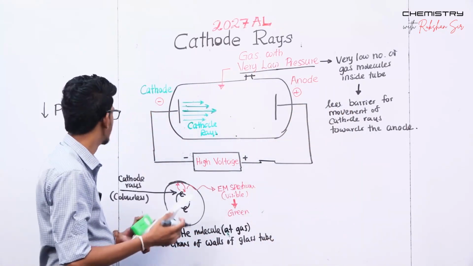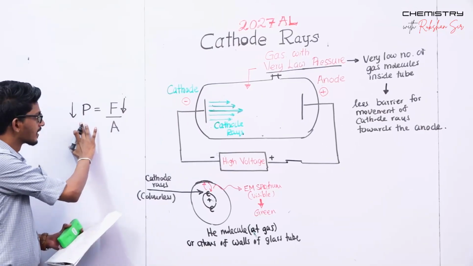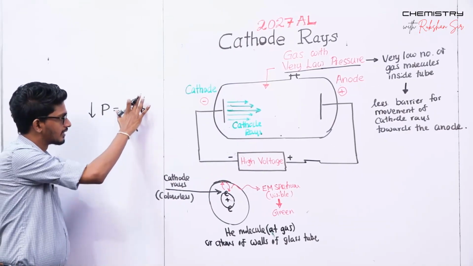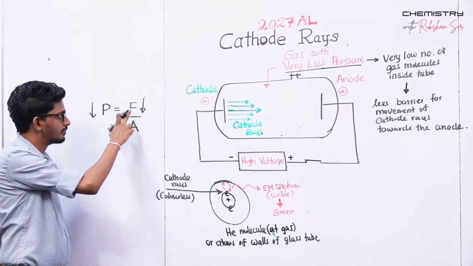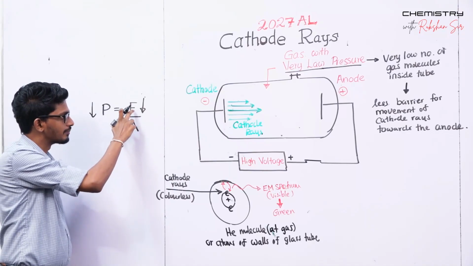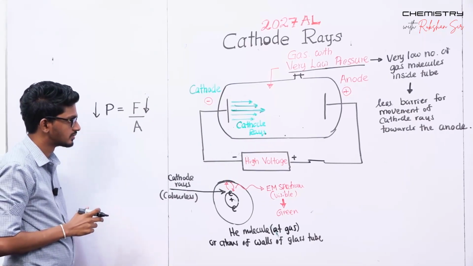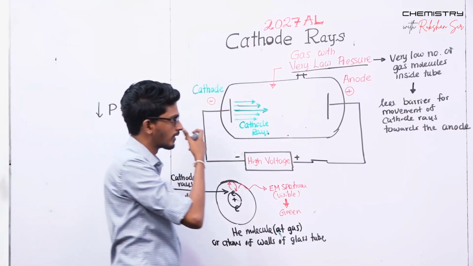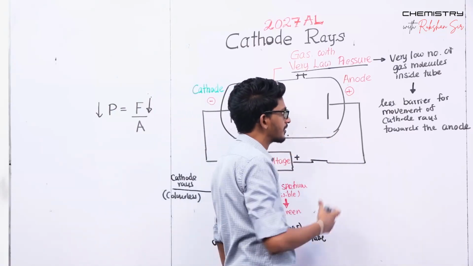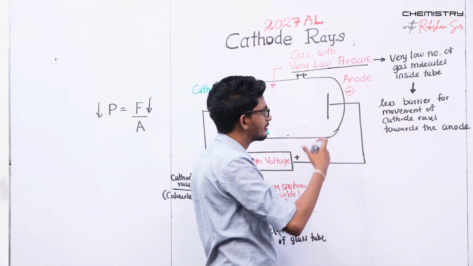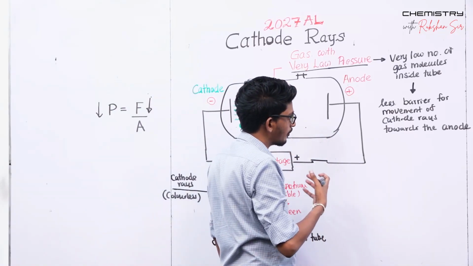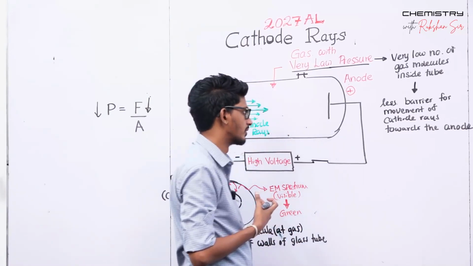Very low pressure means low force will be applied on the walls. That is because of the low number of gas molecules inside the tube, right? So with a low number of gas molecules inside the tube, there are fewer barriers for movement of cathode rays towards the anode.